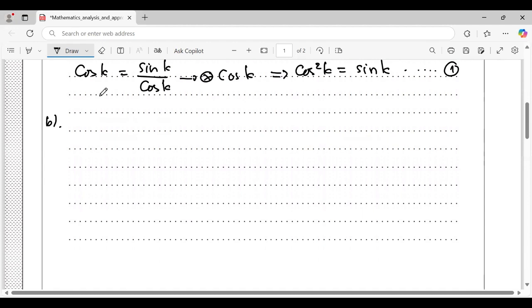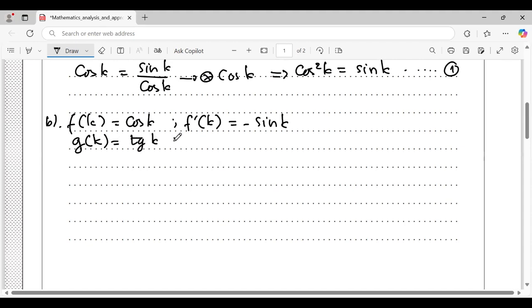So we need to find the derivatives of f(k) and g(k). f(k) is cosine k, so the derivative is minus sine k. g(k) is tangent k, and the derivative of g(k) is secant squared k, or 1 plus tangent squared k.